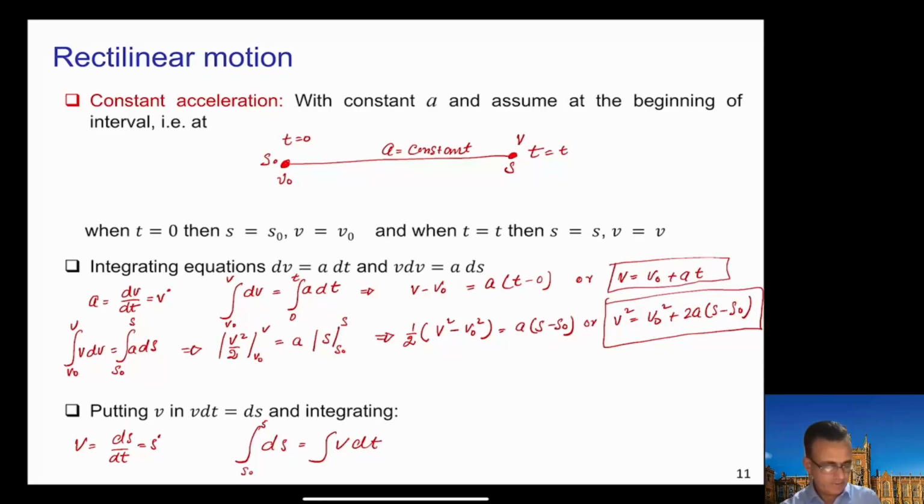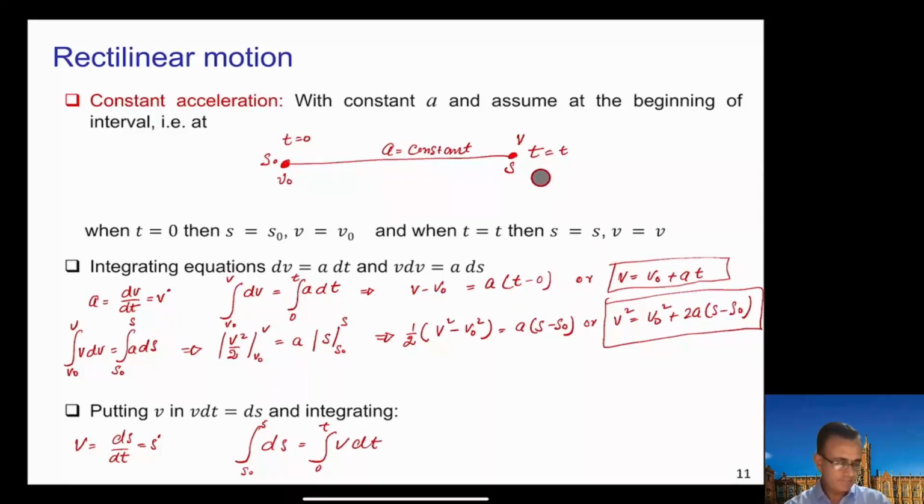You are putting here the limits of the displacement, which is s naught to s, and here you are putting the limits for the time, which is from 0 to t. Now here we have the final velocity, which is obviously not constant with respect to time. a is constant, velocity is not constant. So if a is constant, then the velocity will change. So we need to know the velocity as a function of time, which we can calculate from this equation here.